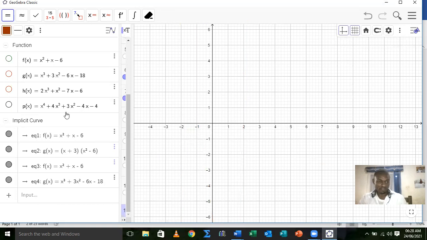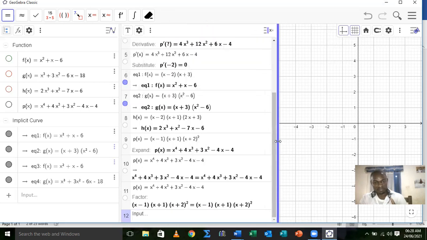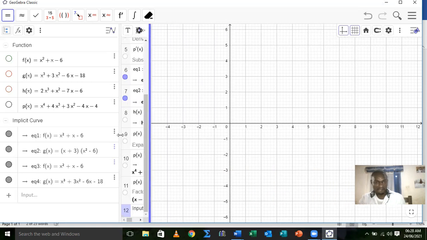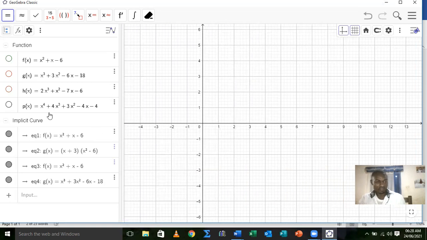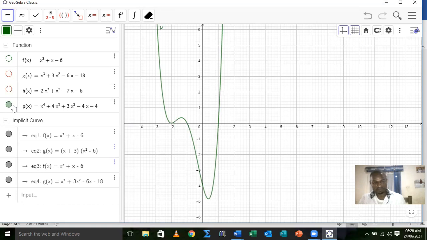We move to the last polynomial. And that last polynomial was a special polynomial. We identified that there is a root at 1, there is a root at -1, and there is a double root at -2. And we said that that double root implies the polynomial has a turning point at -2. Geometrically, let us look at the graph.